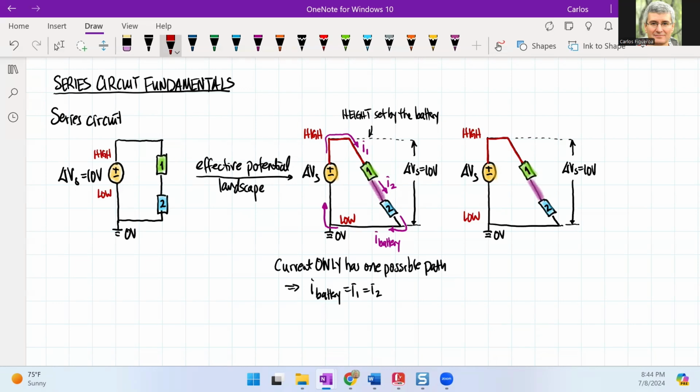So if it's 10 volts, that means there's going to be a voltage across 1 and 2 because they have height changes. In other words, if I draw a line like here, this is going to tell me about the voltage of 1. That's the height of the voltage of 1.